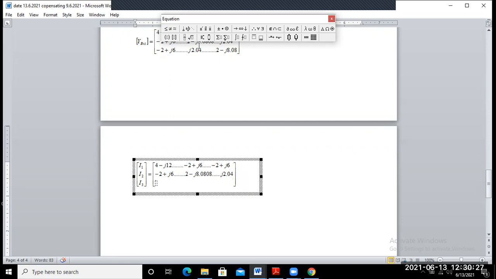And Y31 is equal to minus 2 plus j6, and Y32 is equal to j2.04.